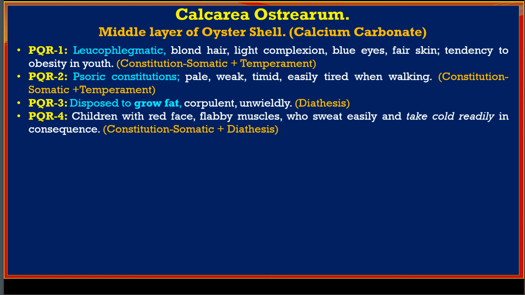Anyway, PQR 4 tells us about children with red face, flabby muscles, who sweat easily and take cold readily. Here again, you will find two components, the somatic component, the physical attributes, and the phase of life.